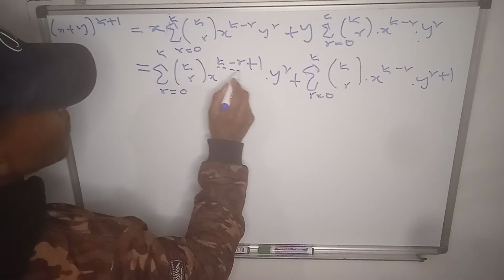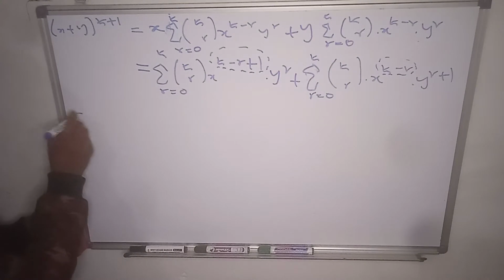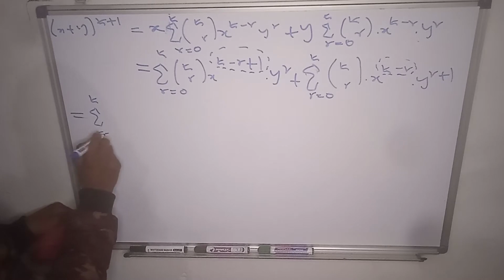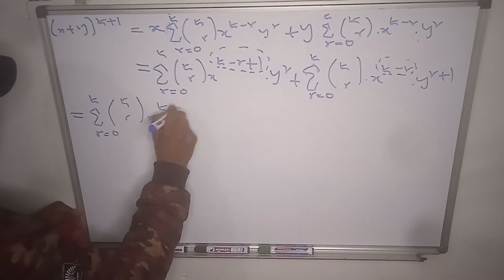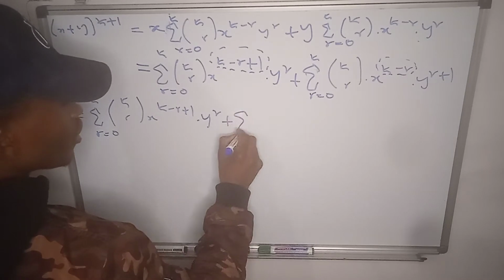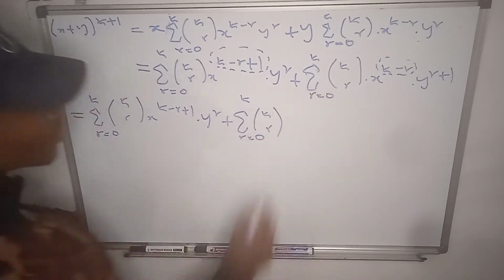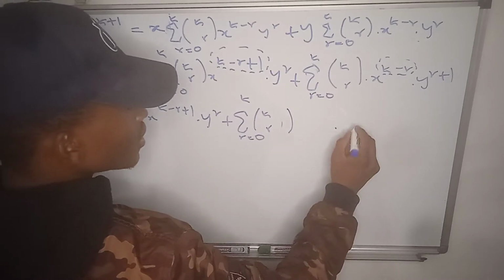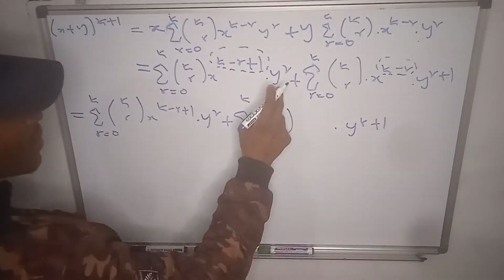But how can we make these exponents to be the same? This is what we do. We have the summation of r equals 0 to k, k combination r, x^(k-r+1) multiplied by y^r, plus the summation of r equals 0 to k, k combination r. So check this out. This will be y^(r+1). How can we make this the same as just y^r?